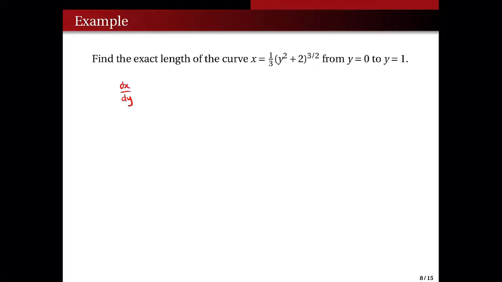So dx over dy, you have the 1/3 times 3 over 2 times (y squared plus 2) raised to 1 half. And then by chain rule, multiply this by 2y. If we simplify this, we'll just end up with y times (y squared plus 2) raised to 1 half.